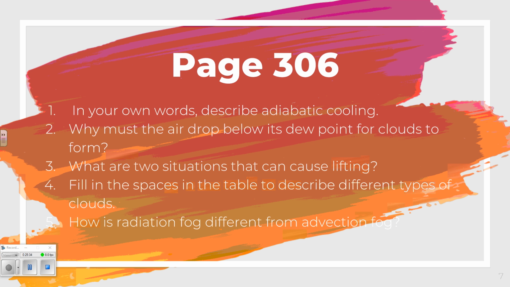Advection: the air moves over a cool surface. Again, radiation: the ground cools and the air above it cools as a result. Advection: the air moves over a cool surface.